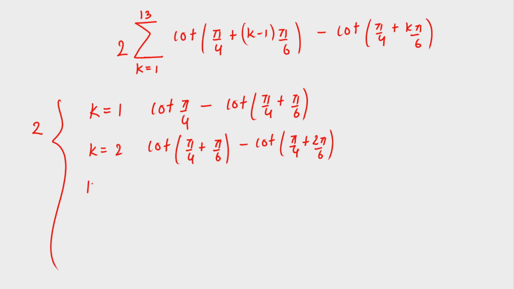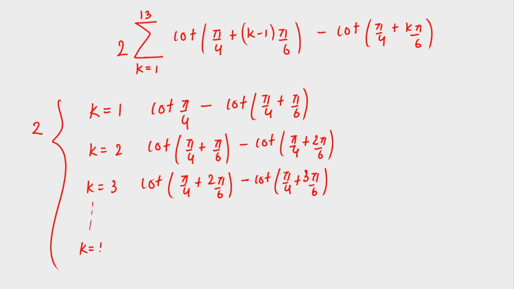When you put K equal to 3, you'll get cot of pi by 4 plus 2 pi by 6 and minus cot of pi by 4 plus 3 pi by 6. And so on, we'll put till K equal to 13. So we'll get cot of pi by 4 plus 12 pi by 6 minus cot of pi by 4 plus 13 pi by 6.